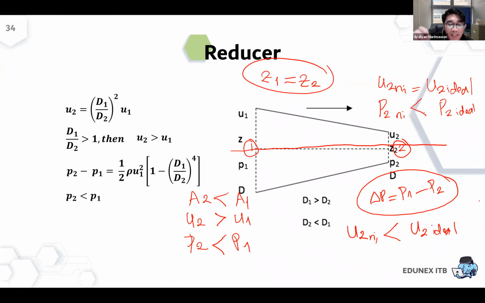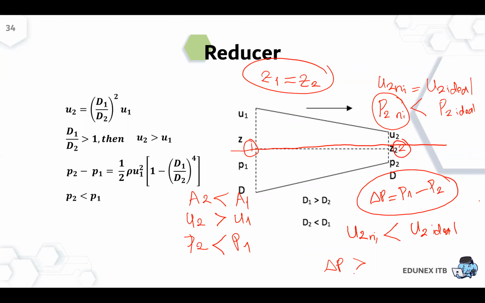And basically, it's the same reason as the case of the velocity, because you have less energy compared to the ideal condition. So the pressure at point 2, the real one, will be lower. So if P2 is lower, then delta P will increase, right? Yes, sir. The pressure difference or the pressure drop will be increased.